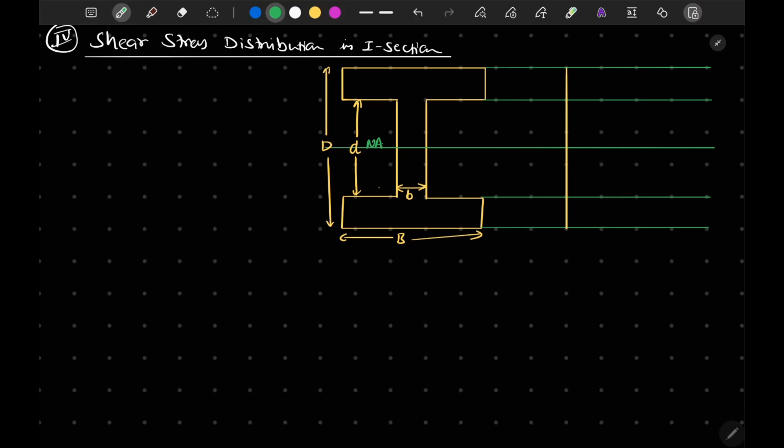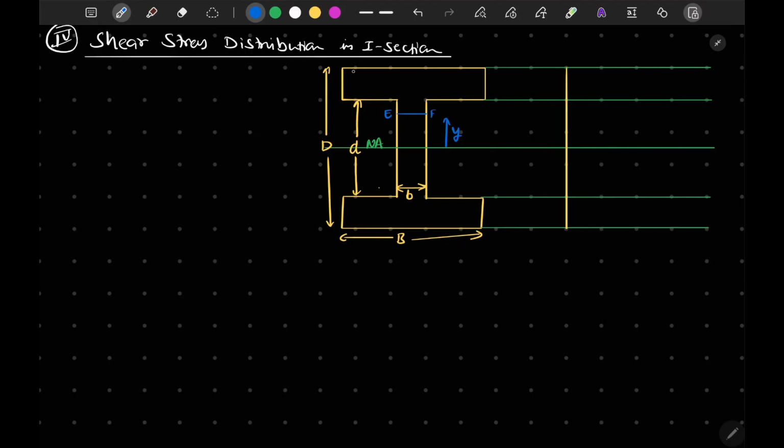We will draw the stress distribution for this section, and for that we will as usual consider a section at a distance y. Let me draw it somewhere outside. So let's say this is our section at a distance y. At this section I want to calculate the value of shear stress, this is fiber EF.